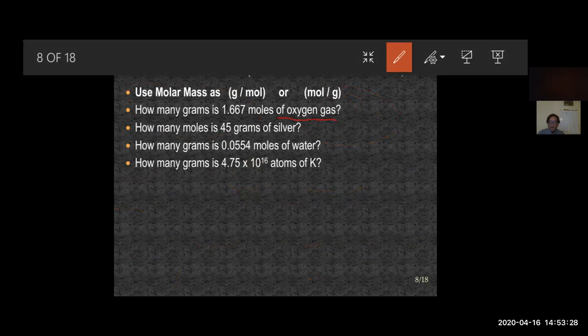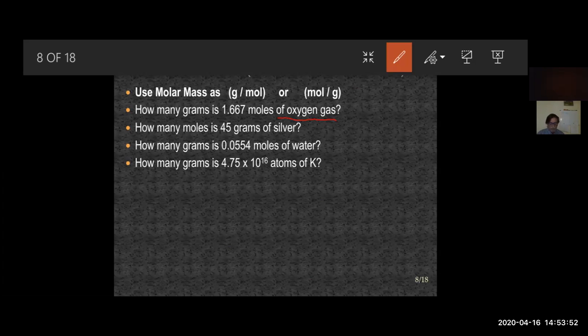It didn't say the oxygen atom, it said oxygen gas. And we know, hopefully, that oxygen is one of the 7 diatomic elements, so it's O2. And so therefore its molar mass would be 2 oxygens, or 32 grams per mole.